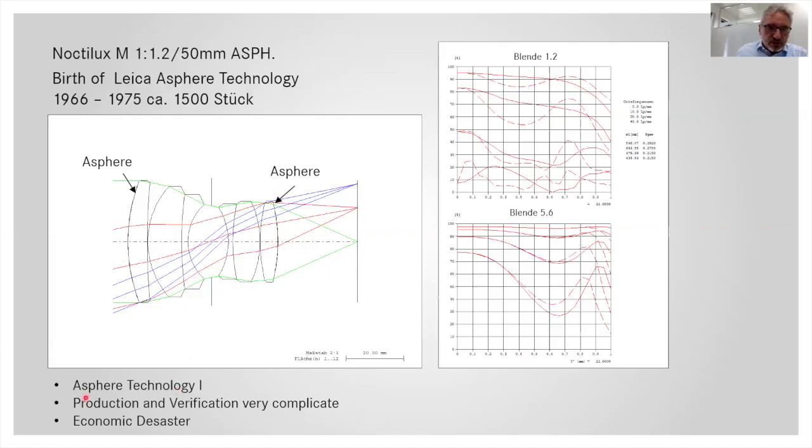But to be honest, the production and the verification of these lens elements was very complicated, and in principle, it was an economic disaster we had to face. Leitz spent more money to build the lenses than they got from the customer at the end.